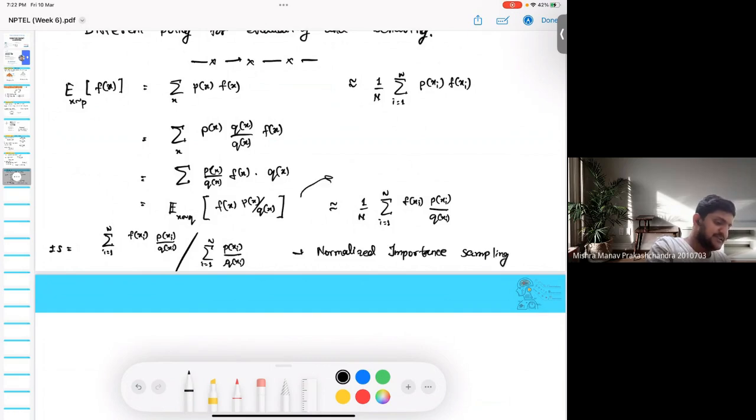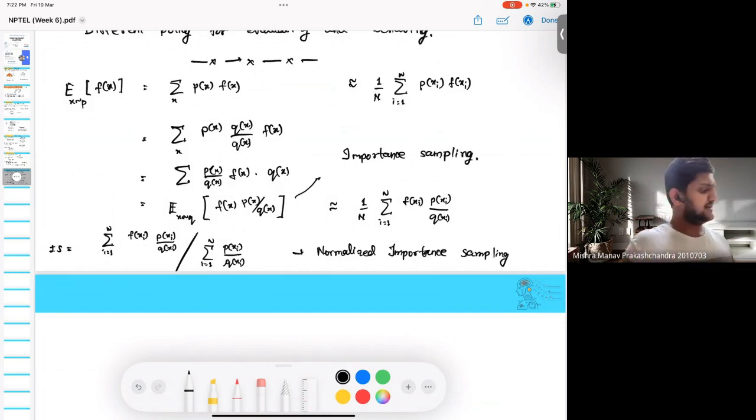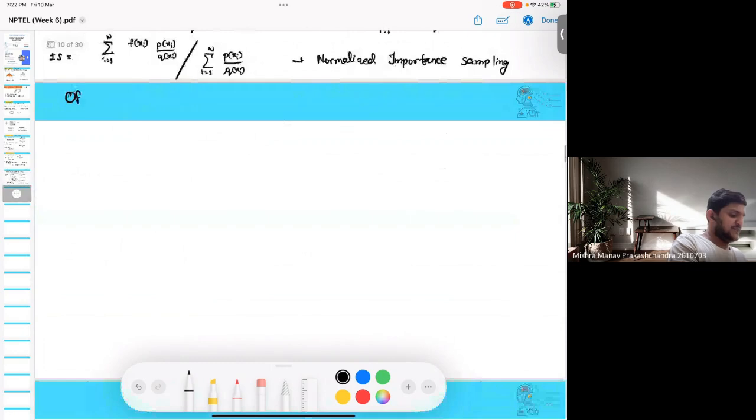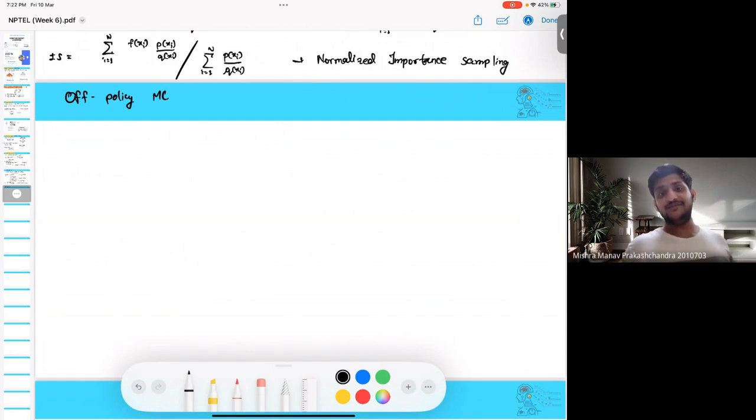The earlier method here was known as importance sampling, by the way. Okay, so this is just telling about importance sampling. Now, if we come back to the MDP problem again, we were looking at off policy MC. We'll be using ideas from importance sampling to define off policy MC here.